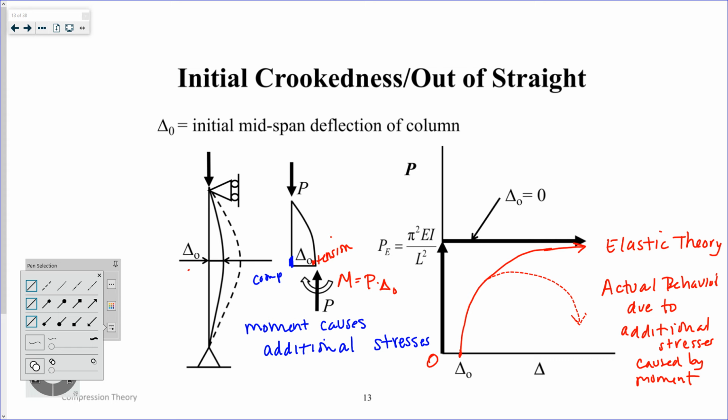So with the out of crookedness, you might not actually meet that idealized Euler buckling load, depending on how out of crooked it is.